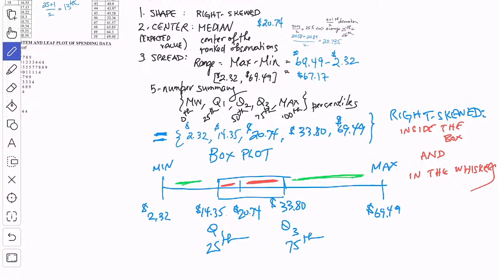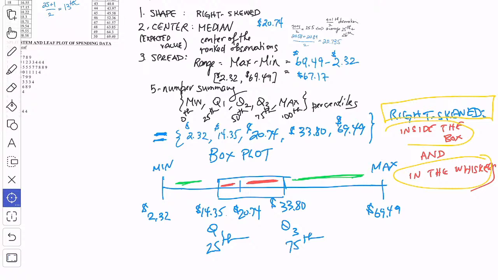So the right of the whiskers is also bigger than the left of the whiskers. Okay? So it's right skewed because both of these check out to be true, inside the box and in the whiskers. That's why we'll see this as right skewed. So we can determine from a box plot, without having the distribution, the skewness of a distribution. And I have a video all about how to read box plots, so you should watch that.